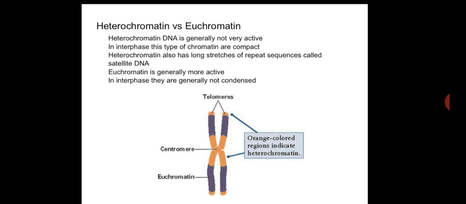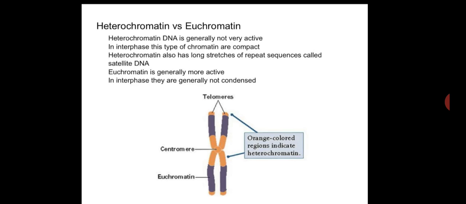So we can use stains for the chromosomes or chromatin network, like acetocarmine, acetoorcein, and feulgen. We can use these three chromatin or chromosome staining materials.